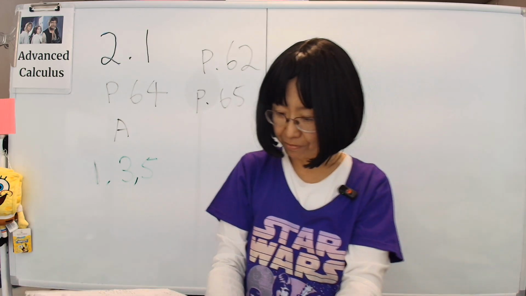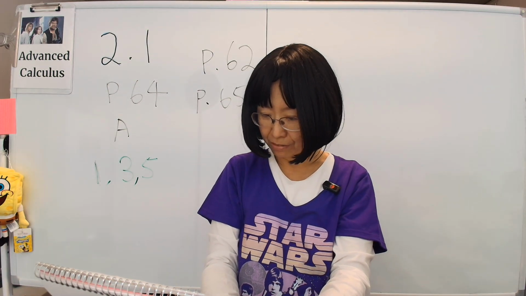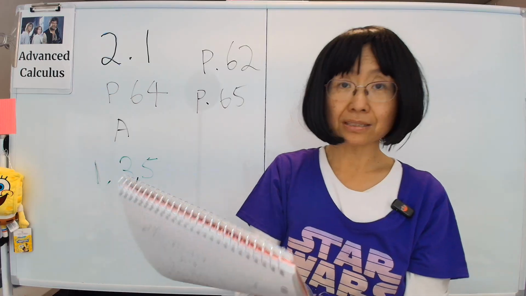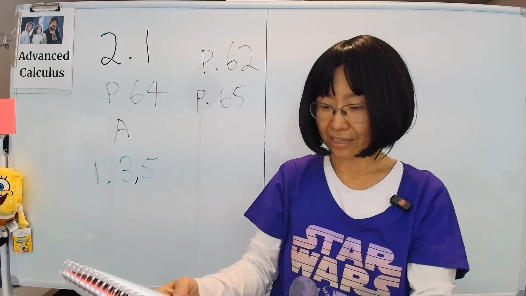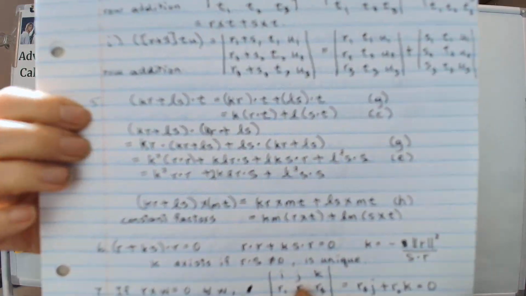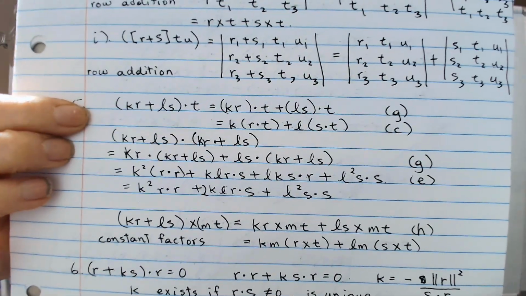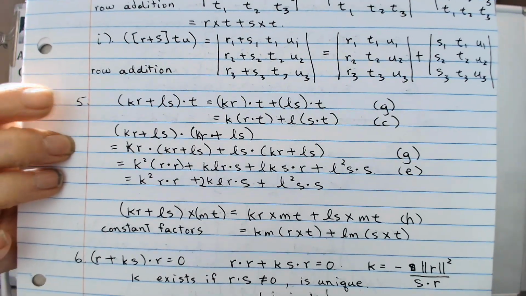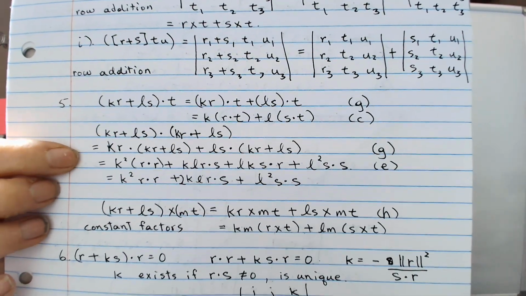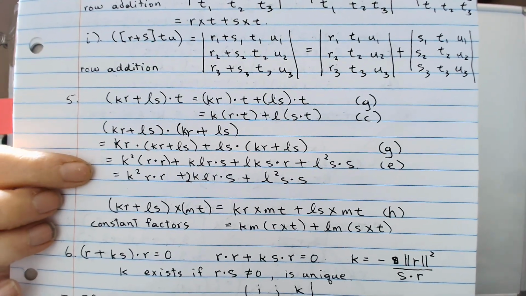And then problem 5, we're not proving anything. We're just using properties G, C, and E and all that stuff to prove some equations, which is what I did. You see, when I use property G here and so on, I multiply everything out.